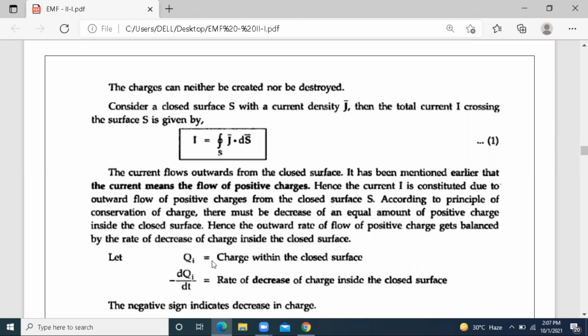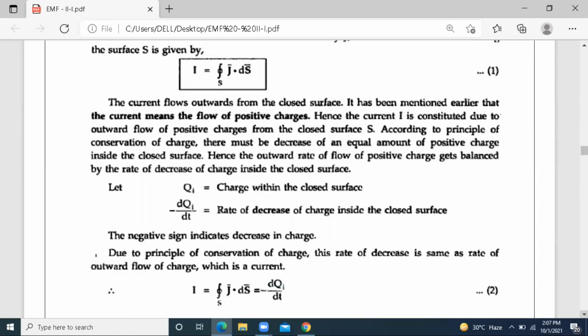So let Q be the charge within the closed surface. Minus dQ/dt, that is the rate of decrease of charge inside the closed surface, is equal to the current, which is the flow of charge through the surface.